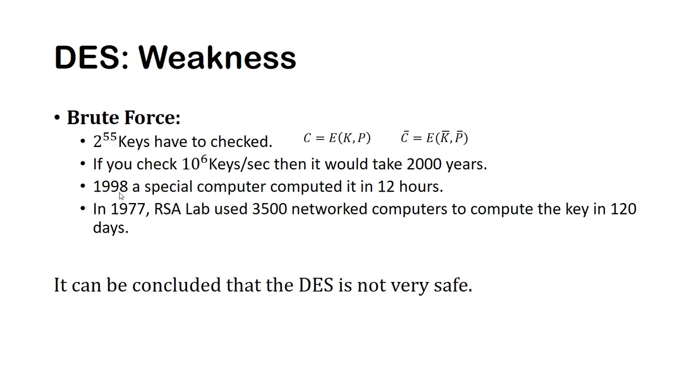Even in 1977, RSA lab used 3500 network computers to compute the key in 120 days. So that means DES is susceptible to brute force attack, and the 56-bit key domain is not very large. So DES is not very safe with respect to the computing power that we have today.